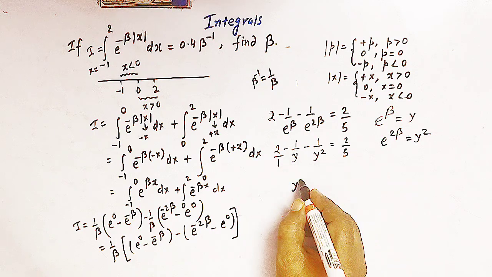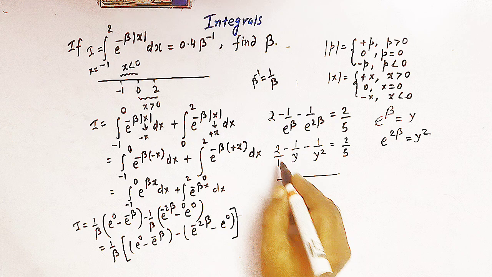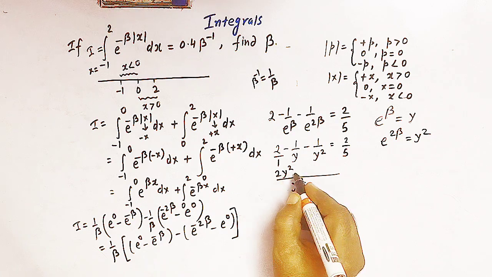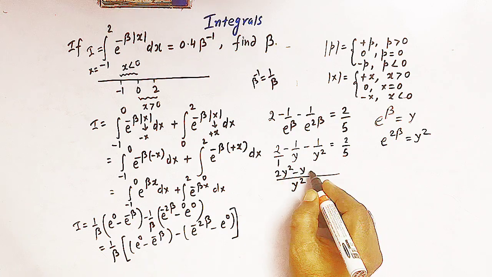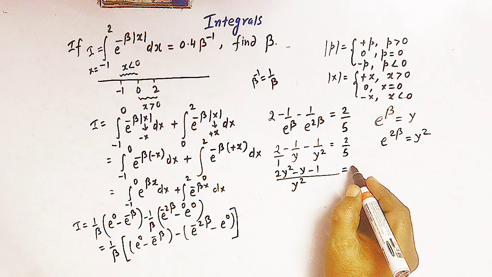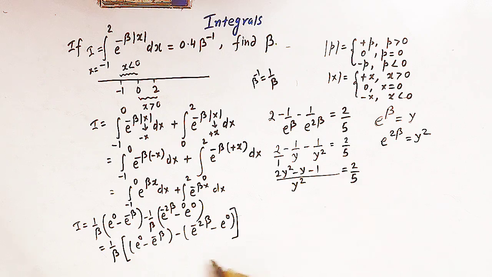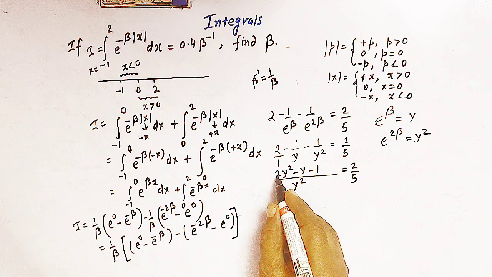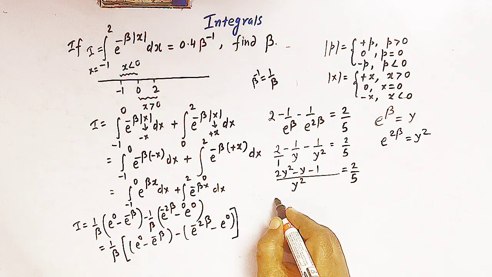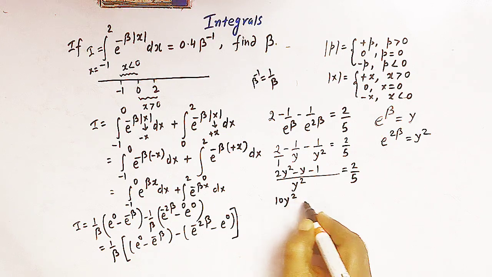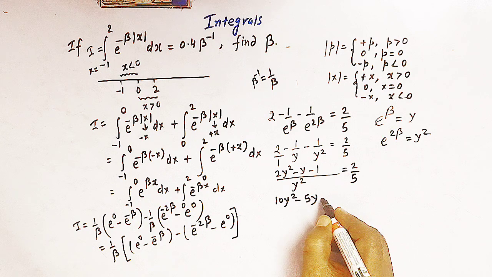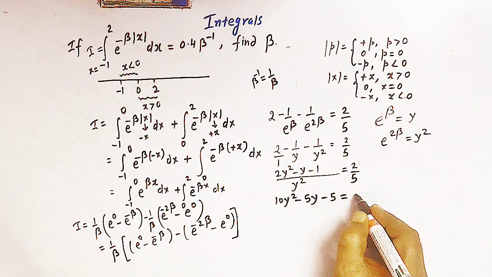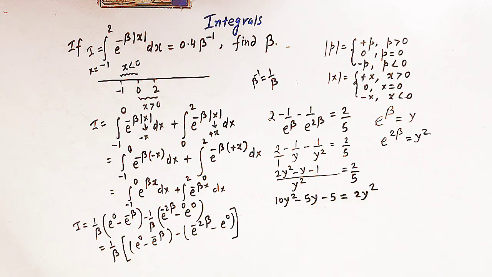Here we have y square, and then we have 2y square minus y minus 1, and here we have 2 over 5, right? So taking the cross multiplication, we have 5 times 2, 10y square, then we have minus 5y minus 5, and here we have 2y square.